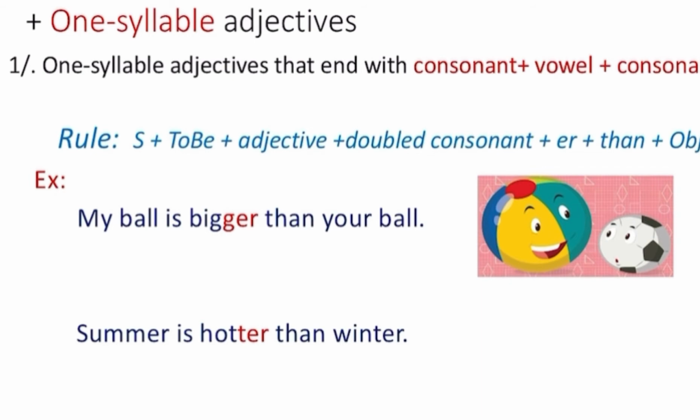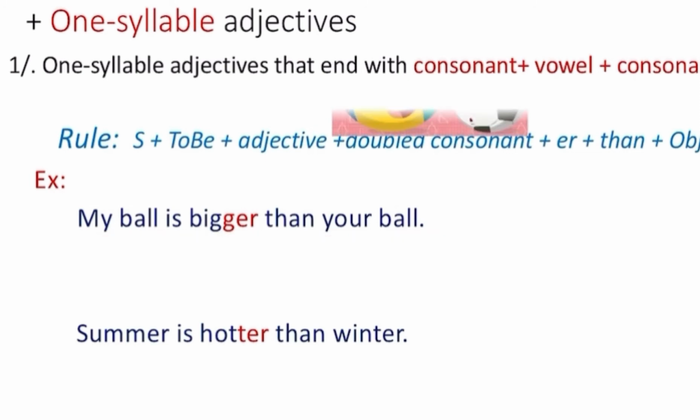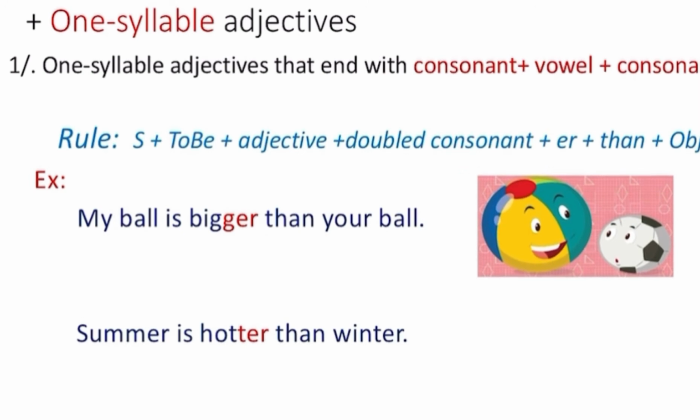Say B-I-G. So before you add er, you have to double the G and then you add er. So you say my ball is bigger than your ball. Okay, so you compare two things here. You compare the balls.